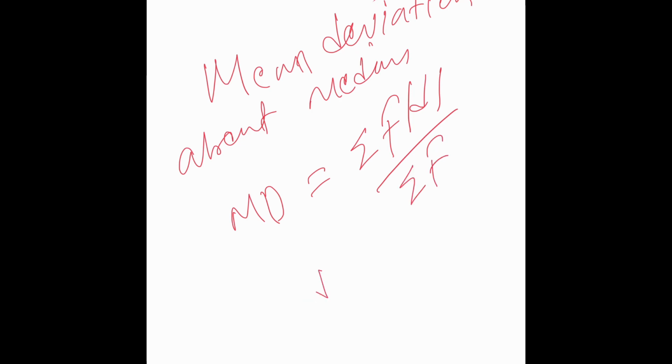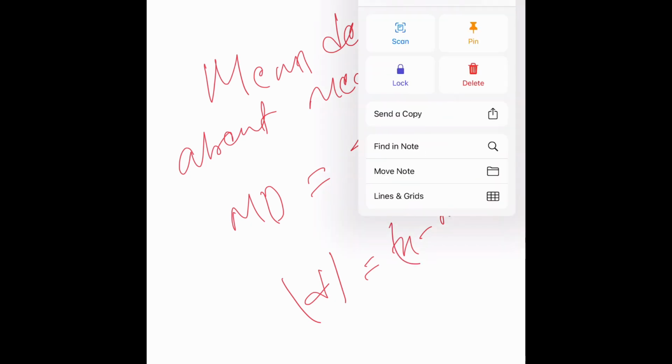Same thing, mean deviation is equal to summation of f d modulus divided by summation of f, but here d modulus is equal to x minus median. Okay, so this is the formula.